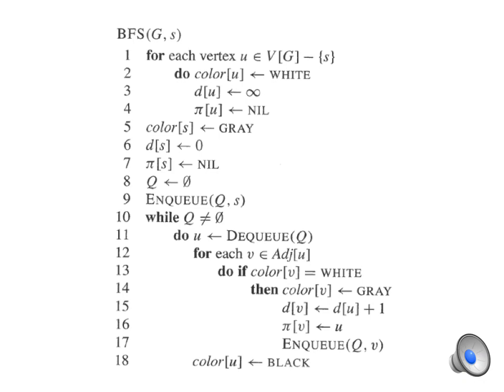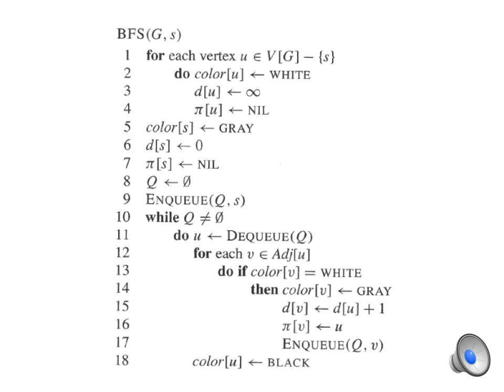Now the while loop: Q not equal to phi, that is, unless and until the queue is empty. You have to take the adjacent nodes of the node under consideration, the colors of which are white; it has to be made gray, the distance has to be added up, and the predecessor has to be added and put into the queue, and it goes on.